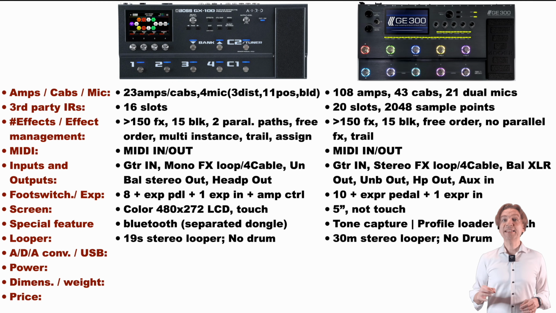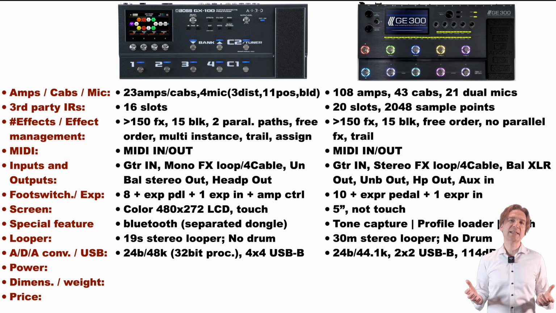As regards AD/DA conversion, the GX100 offers a 4x4 USB channels audio interface at 48 kHz and 24 bits converters with 32-bit internal processing. On the other hand, the G300 offers a 2x2 audio interface at up to 44.1 kHz and 24 bits converters.